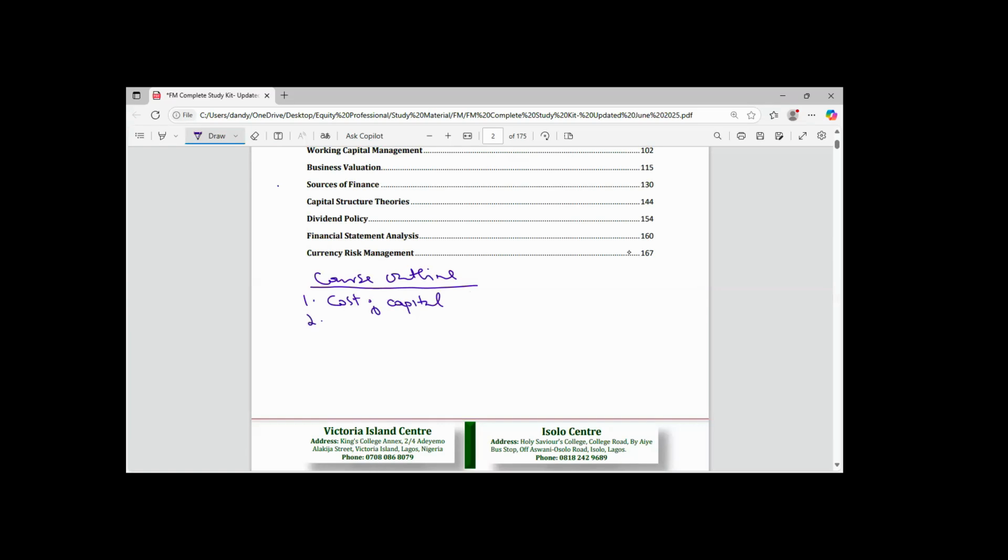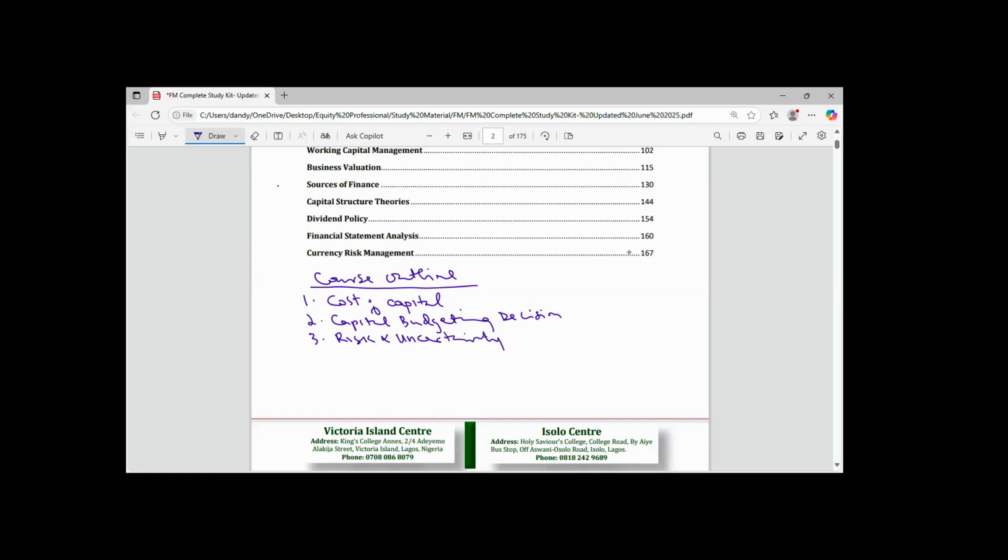Then after that, we are going to talk about capital budgeting decision. Then three, based on my scope, we are going to discuss risk and uncertainty.